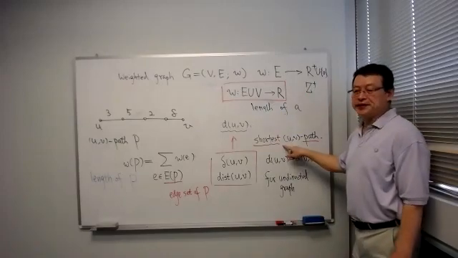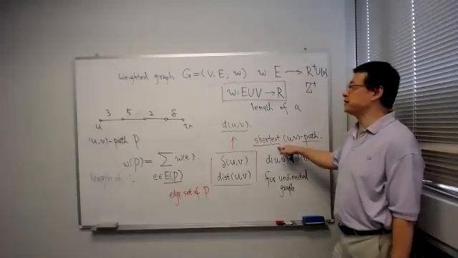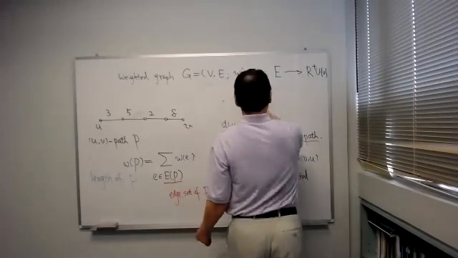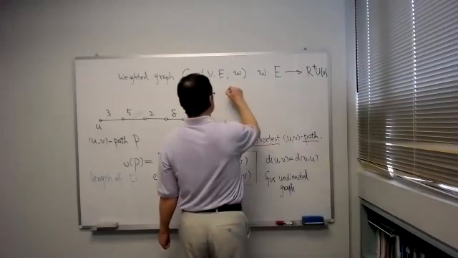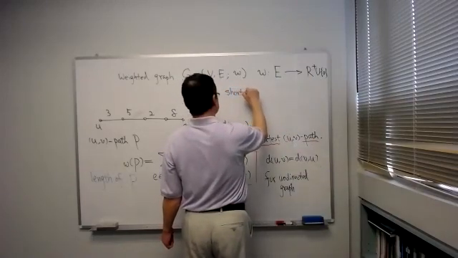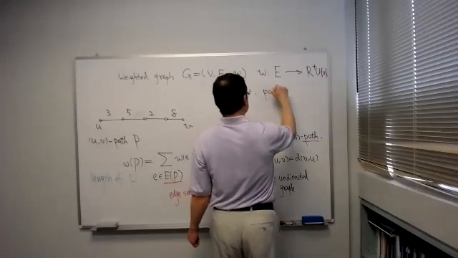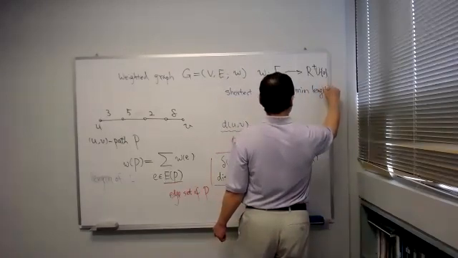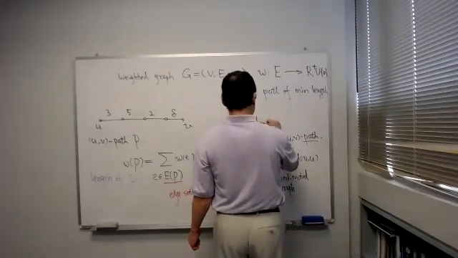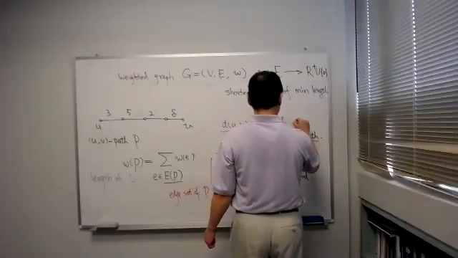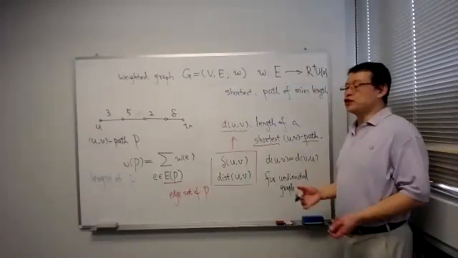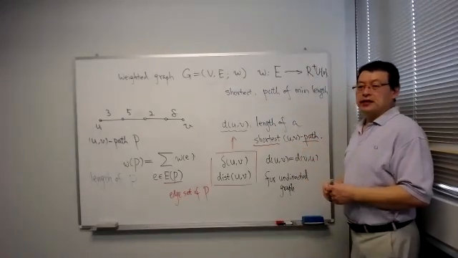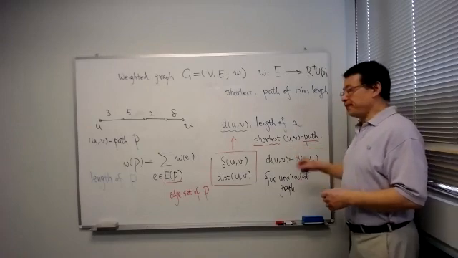Shortest, of course, means the path with minimum length. Okay, so that's very intuitive. So from paths, we have the notion of distance, and then we have the notion of shortest path.